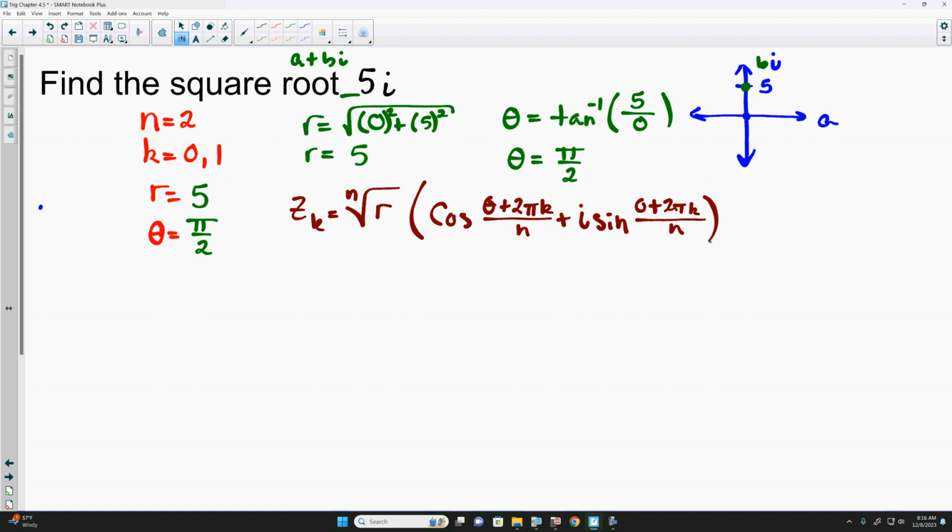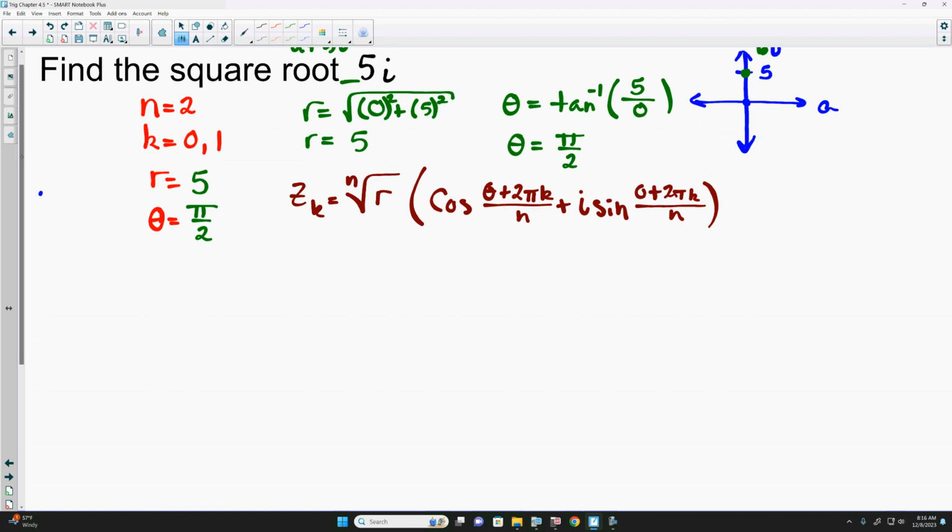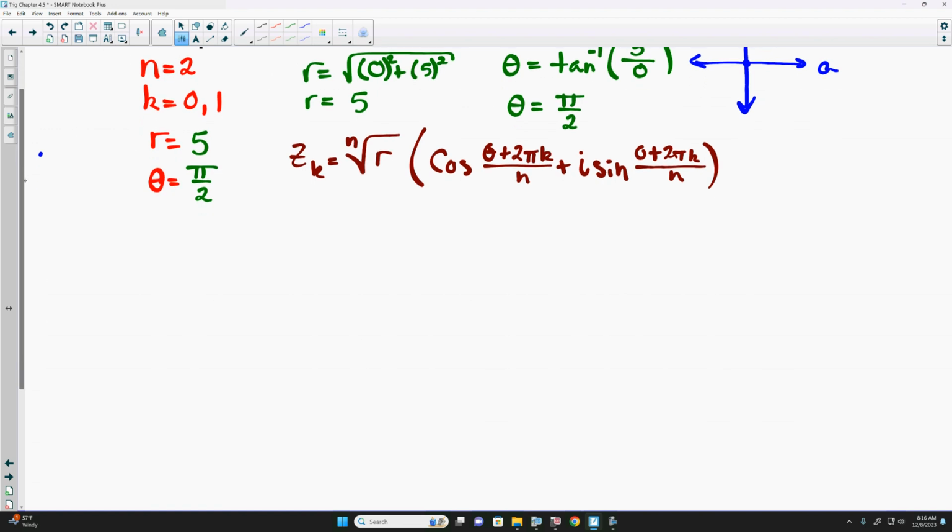This is the general form. Now with the square root, we're going to have two solutions. We're going to have two values. And the way we do this is we start off with the first value of k, which is 0, and we're going to fill the information in as we go.